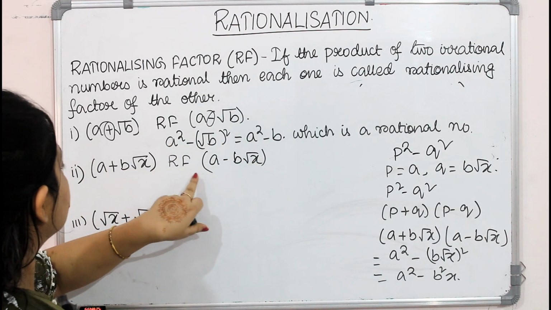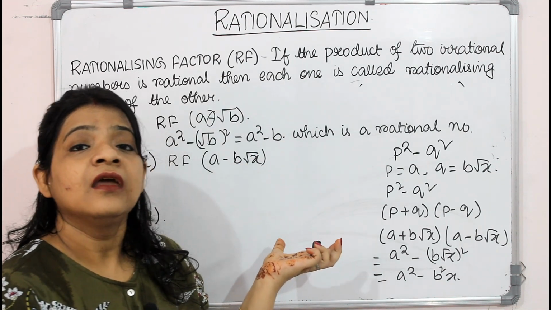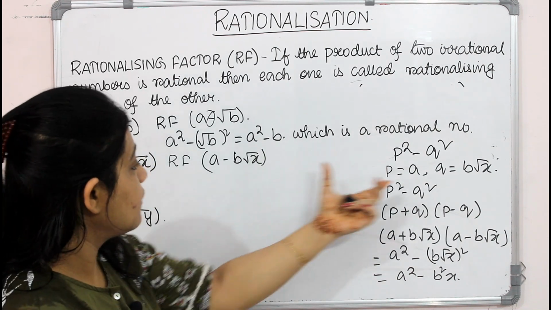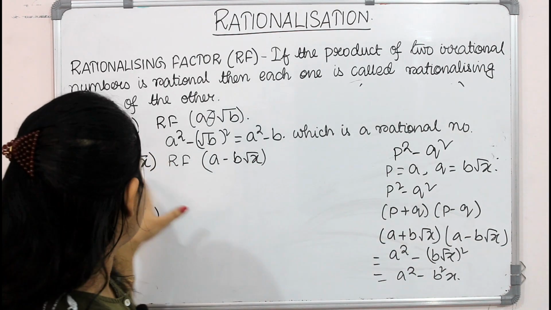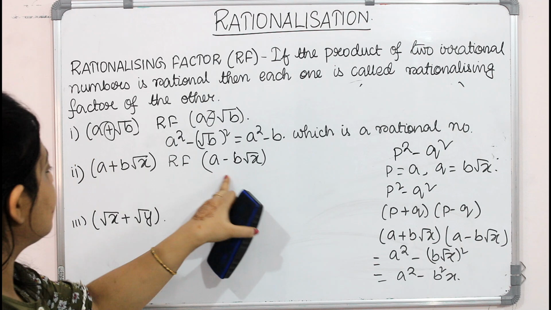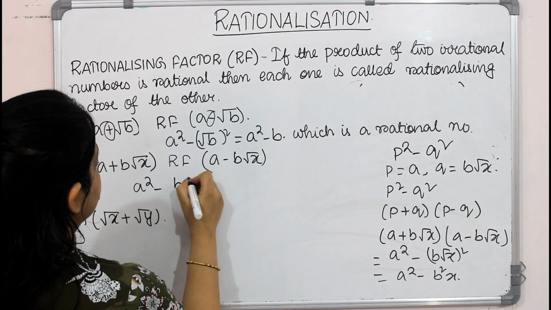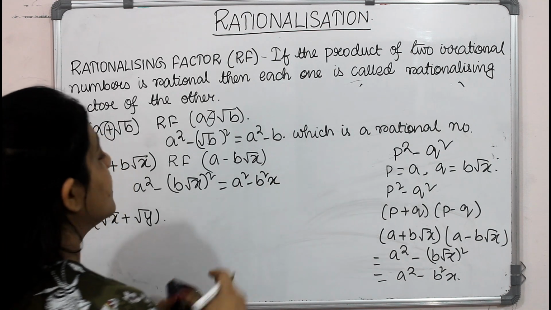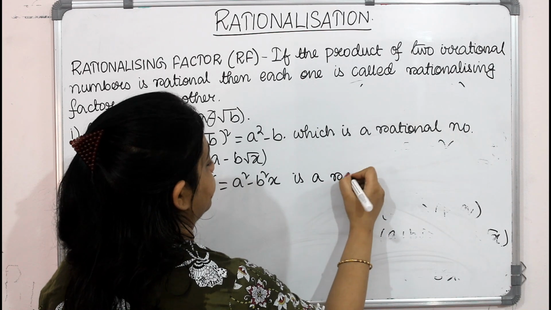Okay, so here, whatever I have written, a minus b root x is the rationalizing factor, and I have written it correctly because when I have used this rationalizing factor to multiply it with the existing number, you are getting a rational number. So a minus b root x is the rationalizing factor, and a square minus b square x is a rational number.